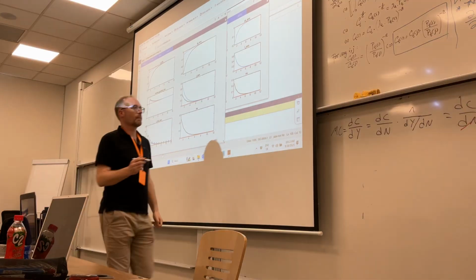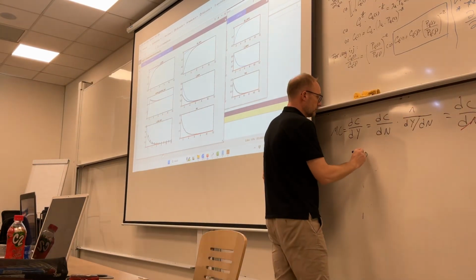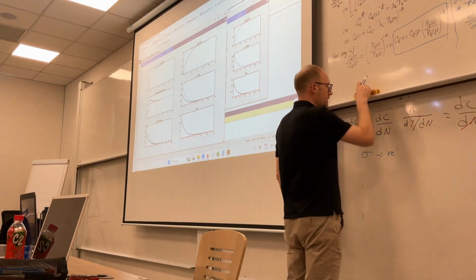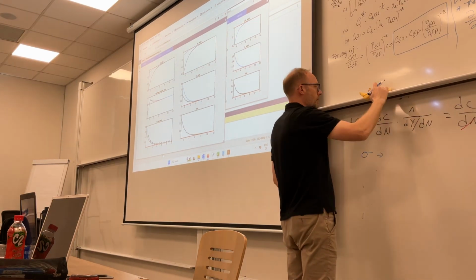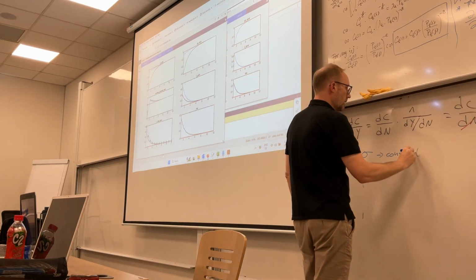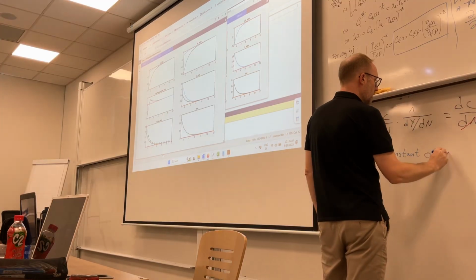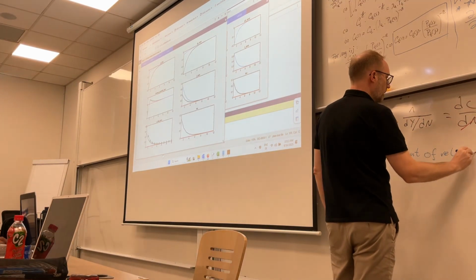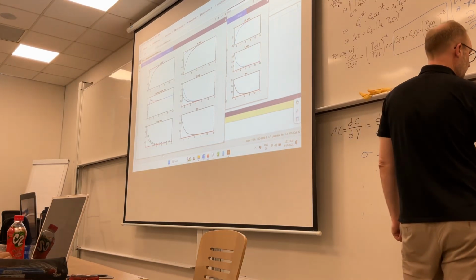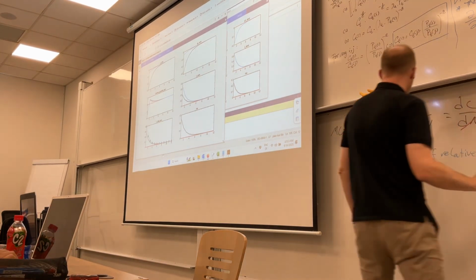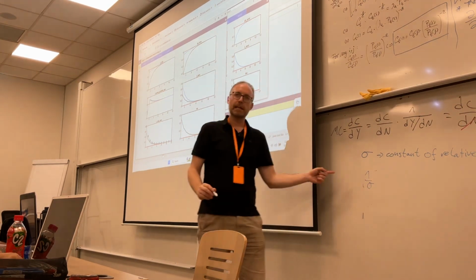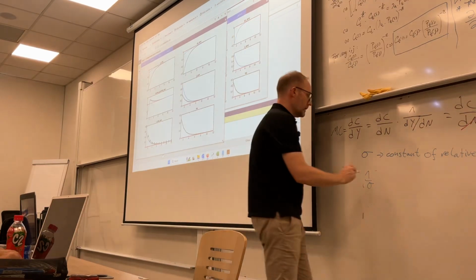We have another great interpretation of this parameter. Sigma is our constant of relative risk aversion. And 1 over sigma is what we see in our IS equation.